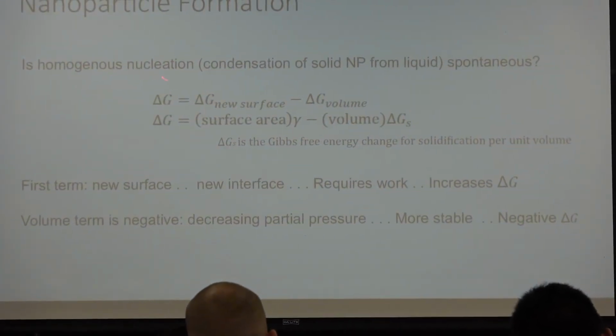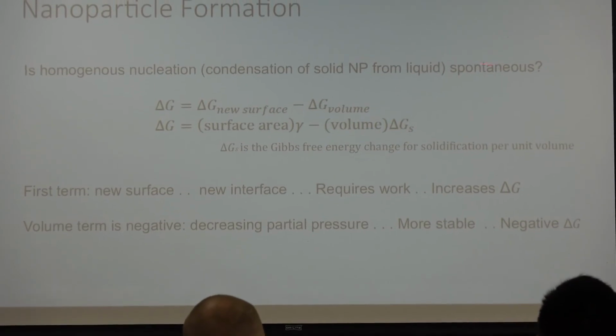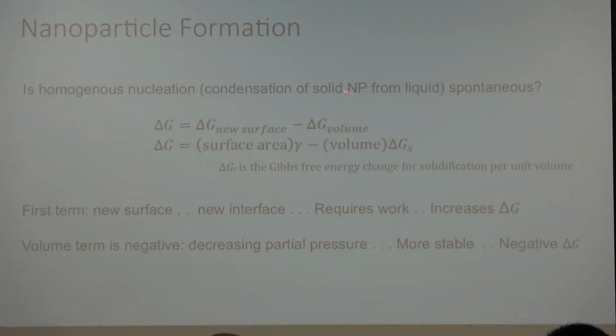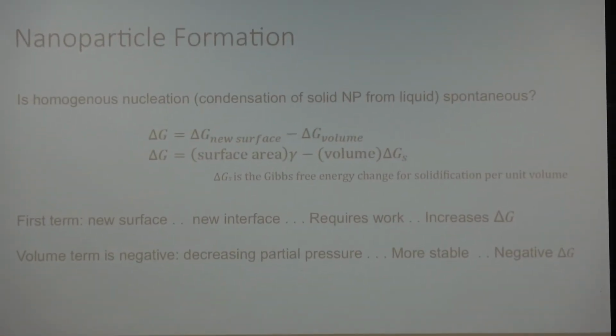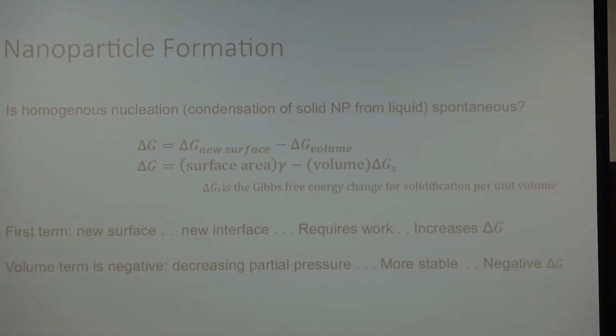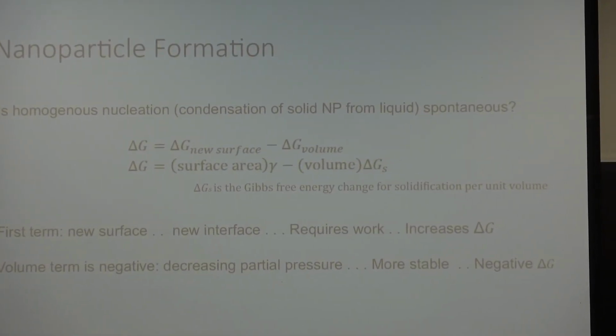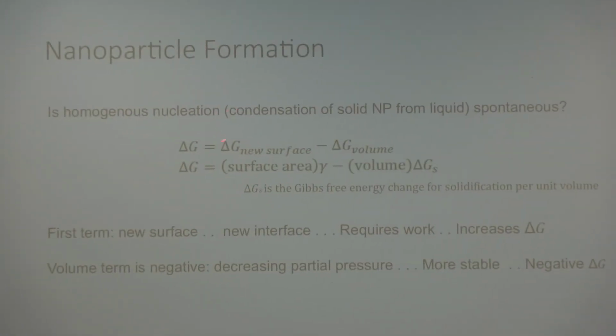Homogeneous nucleation, what do we mean by that? This is spontaneous condensation of a solid nanoparticle from a liquid. Do you think this is common? No, right? So under which situations could you actually get this? Well, you've got to think about two contributions to the free energy. First is the energy of this new surface. New surface is a new interface which requires work, which is going to increase the Gibbs free energy, right?